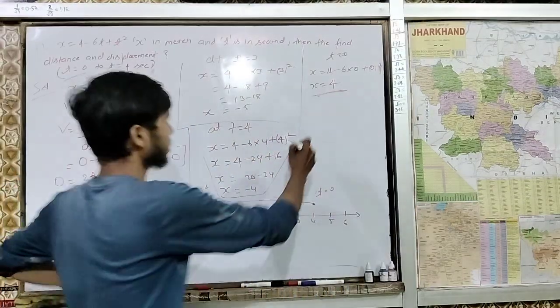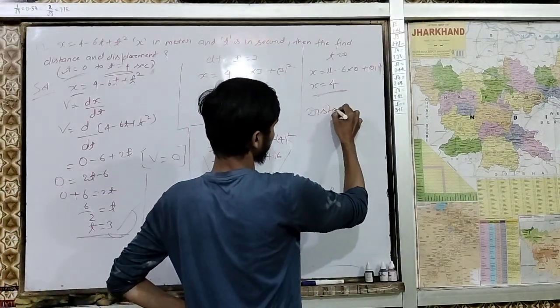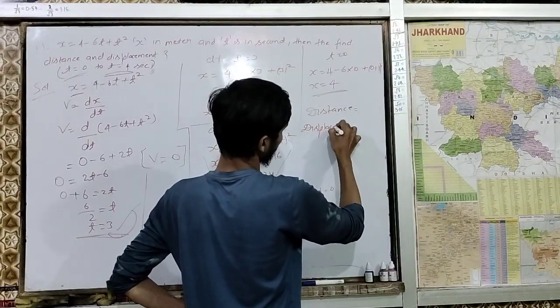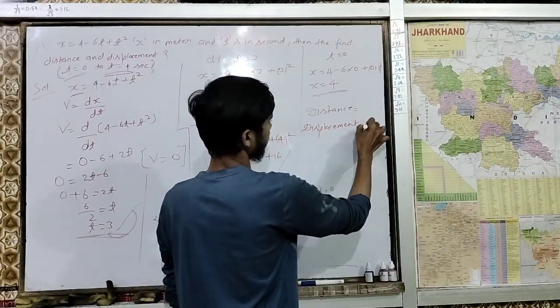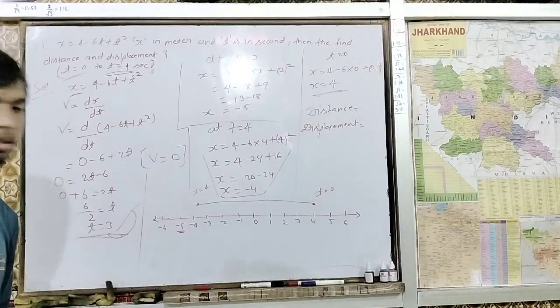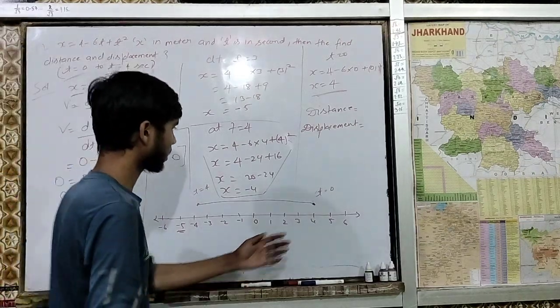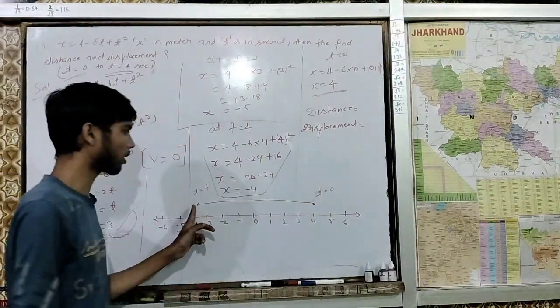Now let's find the distance and the displacement. Distance and displacement. Tell me what should be the distance from this answer. Here, the initial point is this and the final point is this.